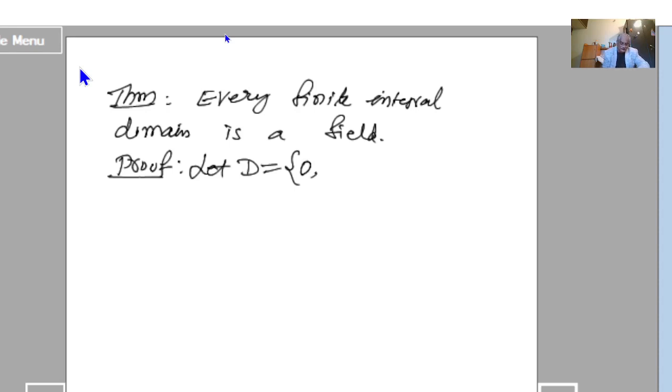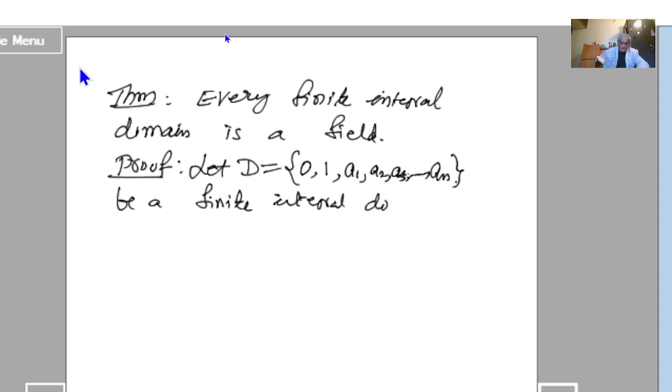It is with unity, therefore I will write 1 here. And remaining elements say A1, A2, A3, A4 and AN be a finite integral domain.